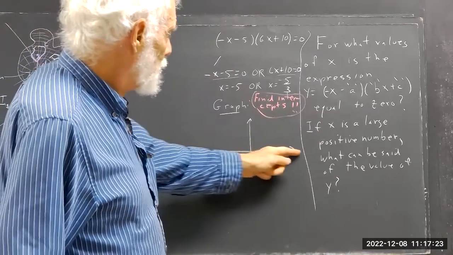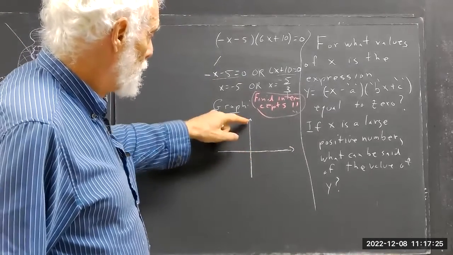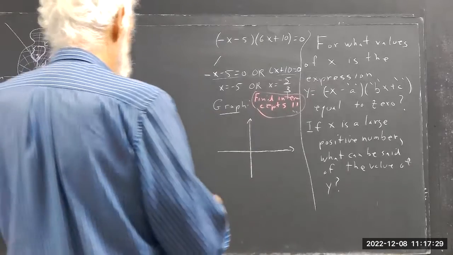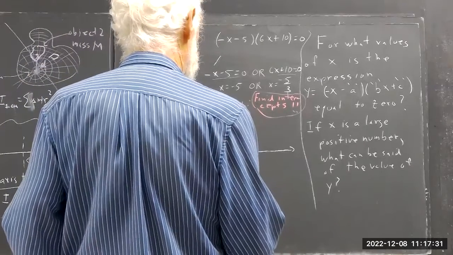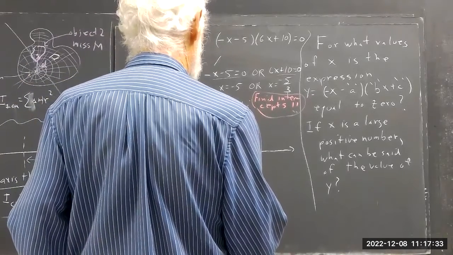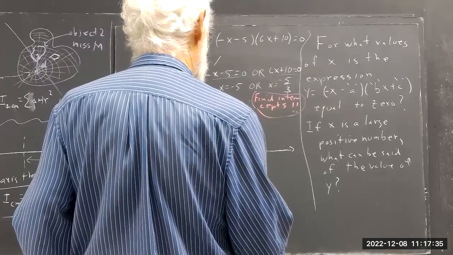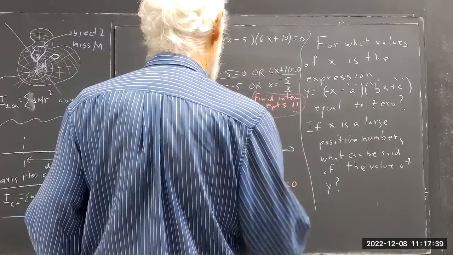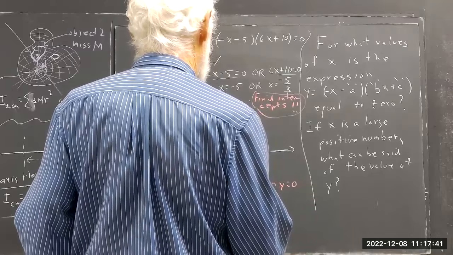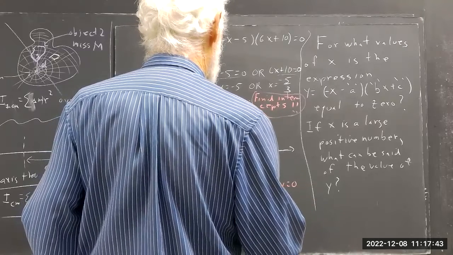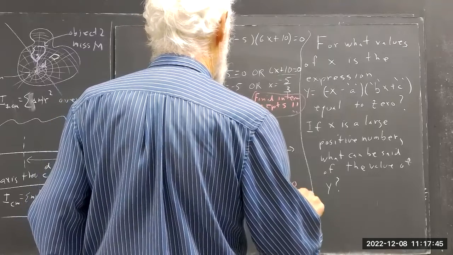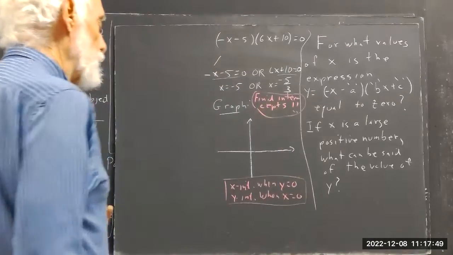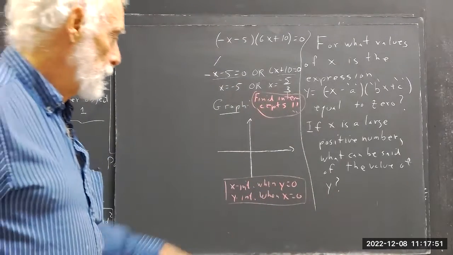Because everywhere on the x-axis, the y value is 0. Everywhere on the y-axis, the x value is 0. We understand that. Okay. X-intercepts occur when y is 0, y-intercepts when x is 0.